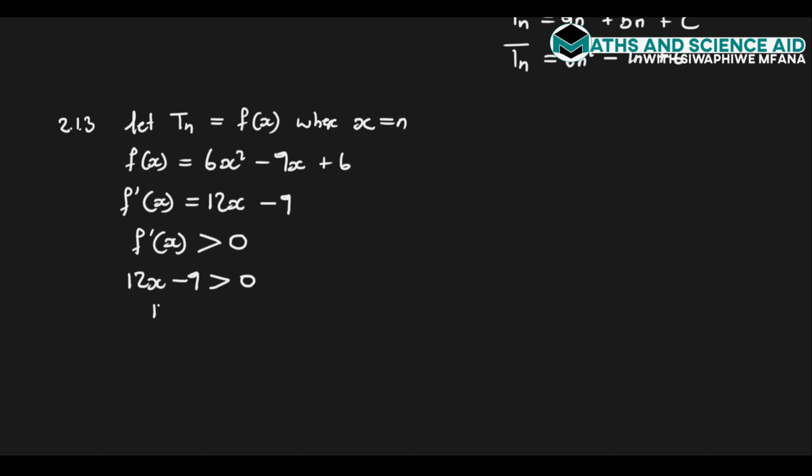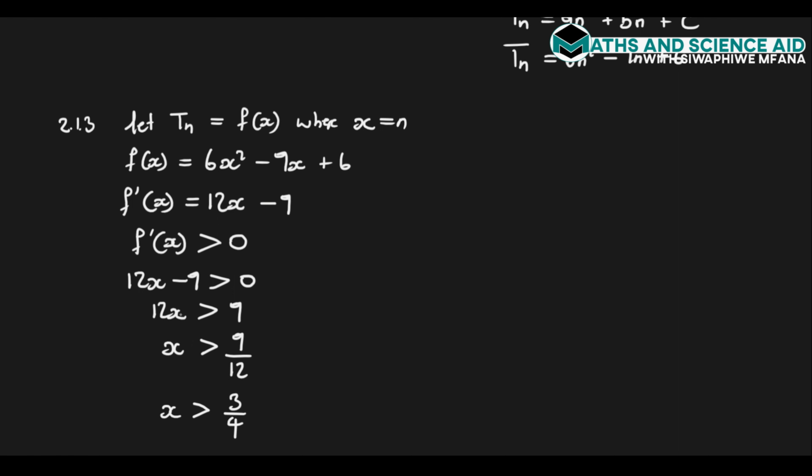We can transpose negative 9 to the right hand side to get positive 9, and then we divide by 12 on both sides of this equation. That is going to give us 9 over 12. And we can simplify this as 3 over 4.